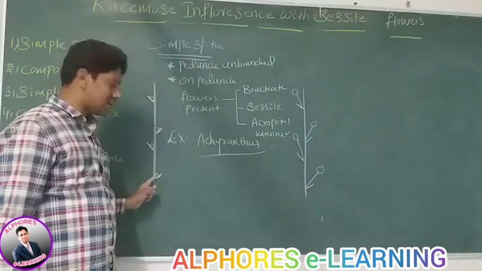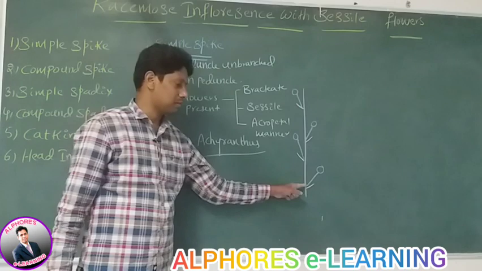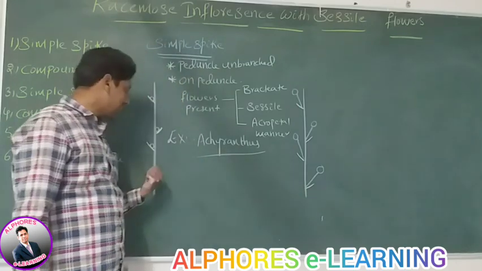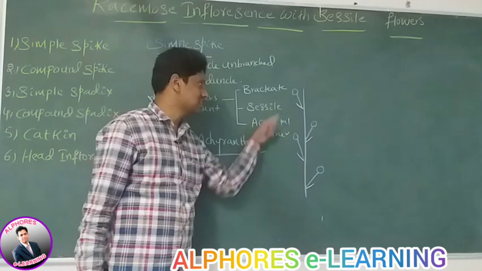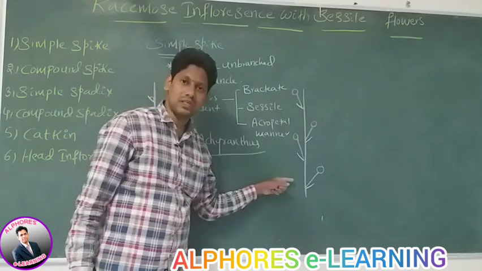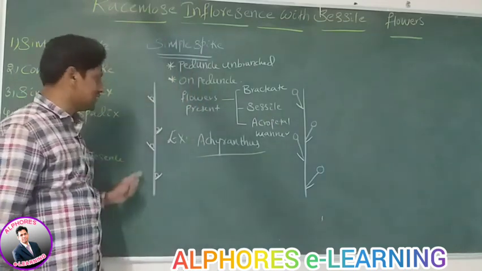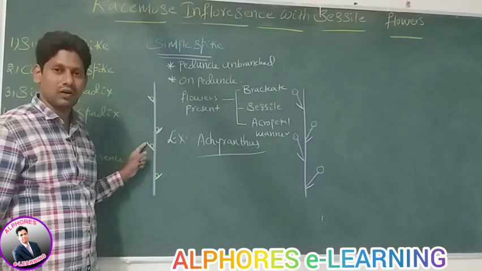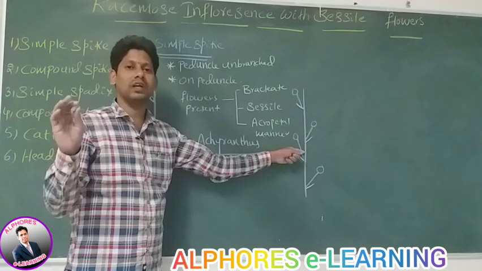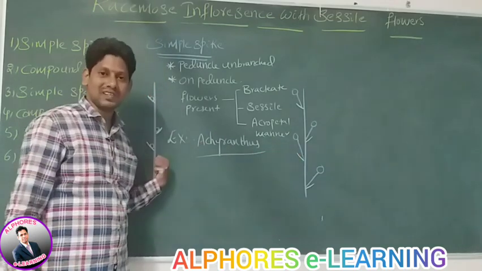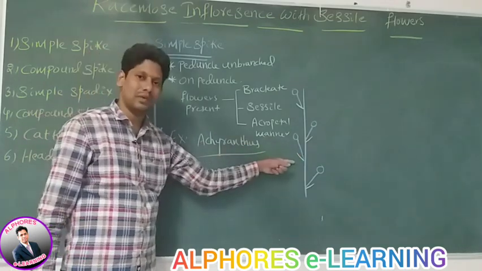But here flowers are sessile, here flowers are pedicellate. Flowers are arranged in acropetal manner. This is simple raceme. This is simple spike. Therefore, simple spike resembles simple raceme. The only difference is here flowers are sessile, here flowers are pedicellate.